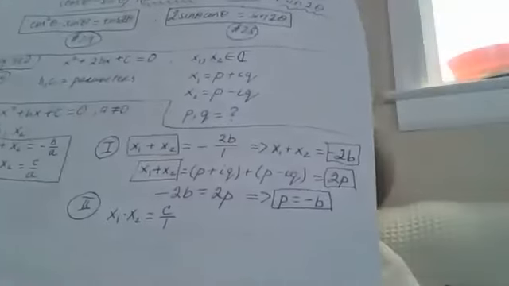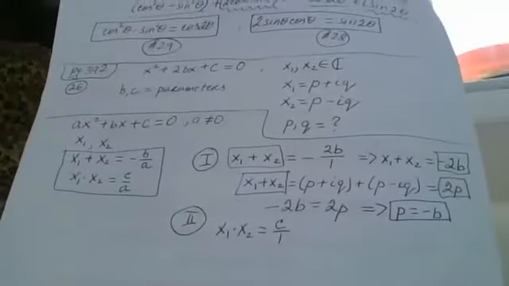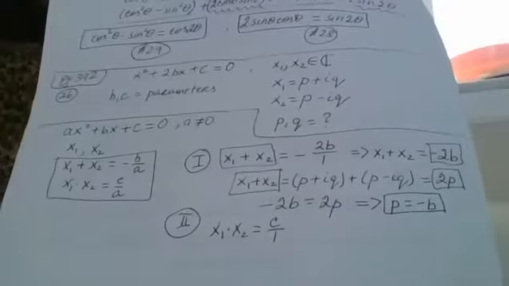In our case, it is also c, and a equals 1. Can I write this in that form? x1 times x2 equals c over 1. Is it c? Yes. So I wrote it down. This is from one hand.